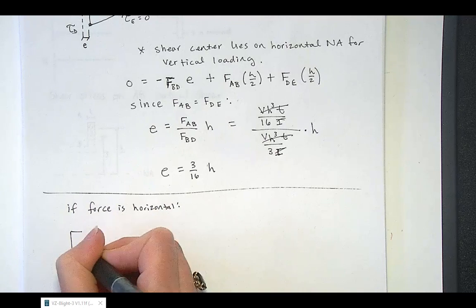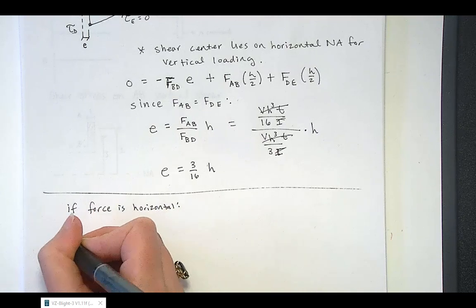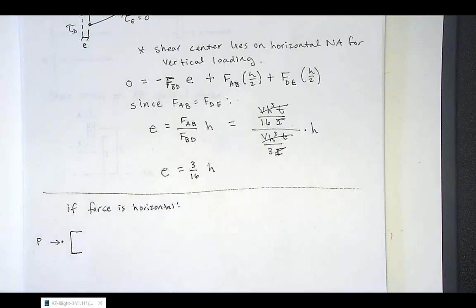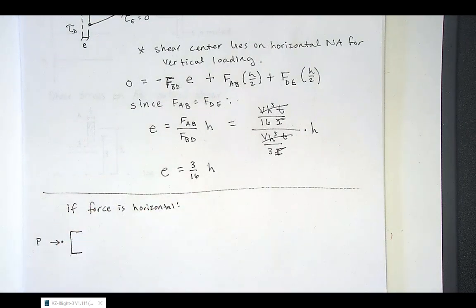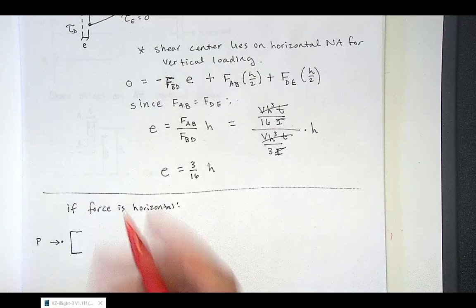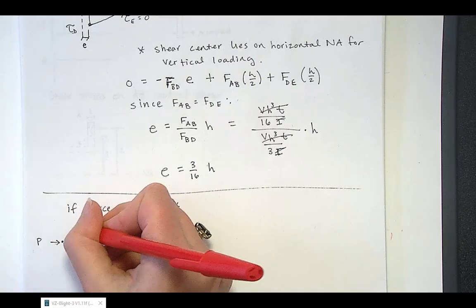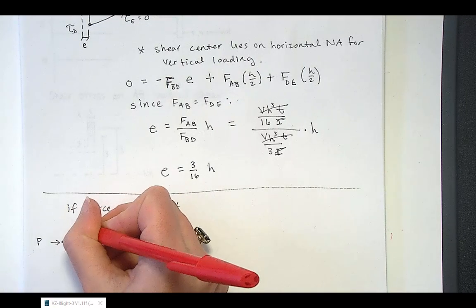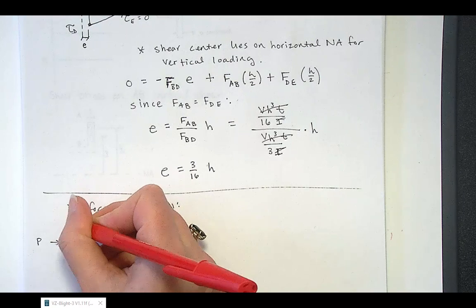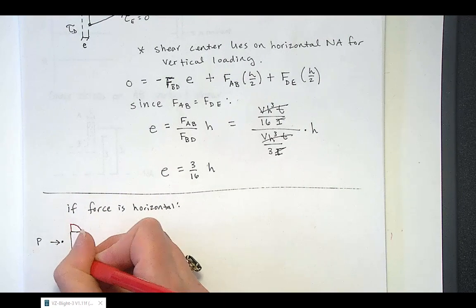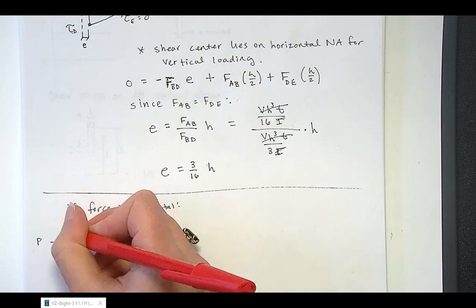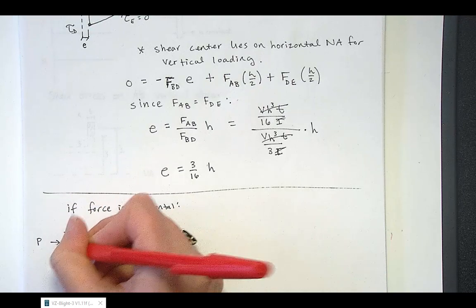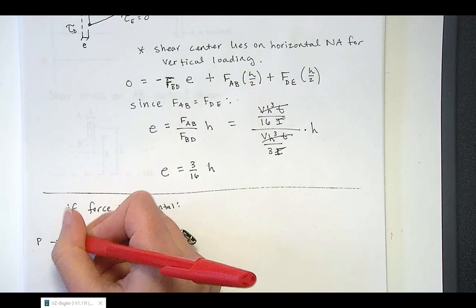Considering the same channel, you have an applied force P, then the distribution of shear stress would be parabolic on the horizontal segments. So stress distribution would look something like this. And then on the vertical segment, it would actually be constant.